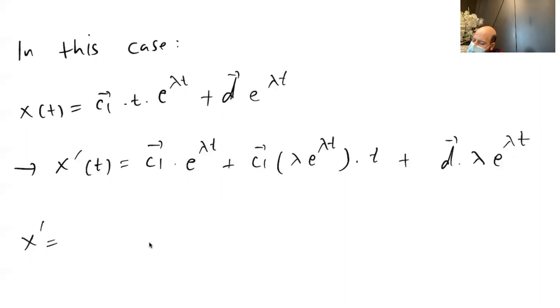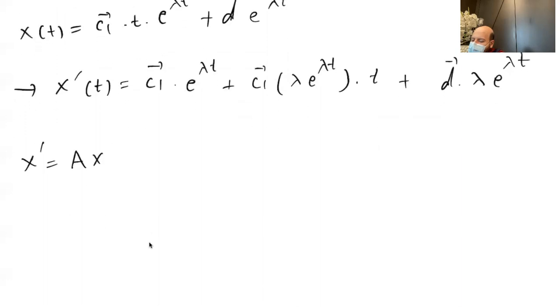So now x prime is equal to Ax. I'm hoping that I can choose x in a way that becomes a solution for this system. So I'm hoping that my choice of x satisfies x prime equals Ax so that it becomes a solution.